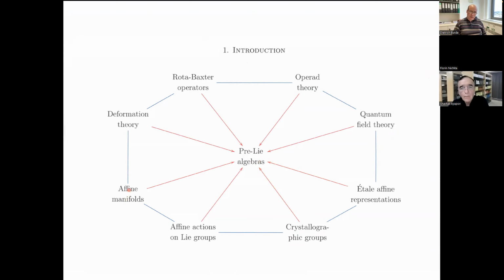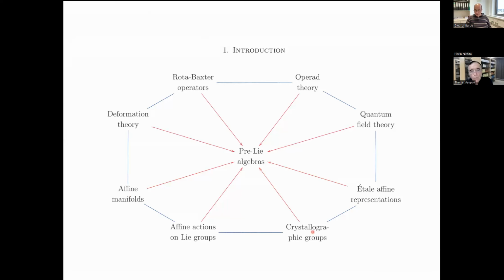You can see here on the lower part areas more from differential geometry, like from affine manifolds, or from affine actions on Lie groups, or from the area of crystallographic groups, so Euclidean and affine crystallographic groups also arising as fundamental groups. And this here is the title of the talk, so today's focus is on Etale affine representations. But you can see there are also some other areas which are connected with it.